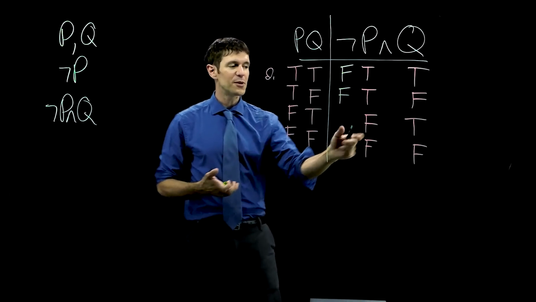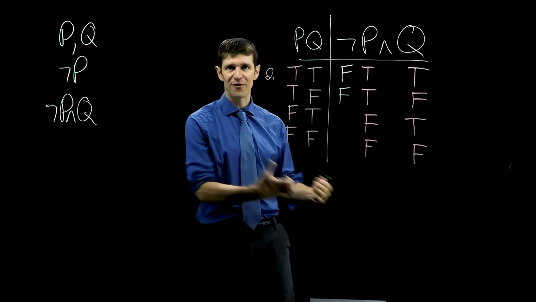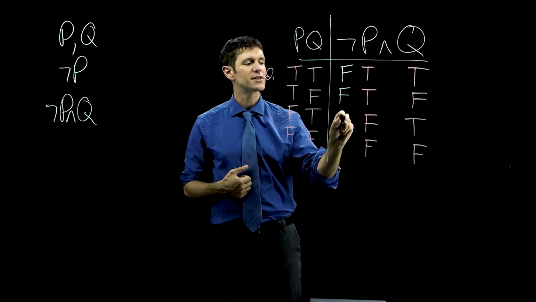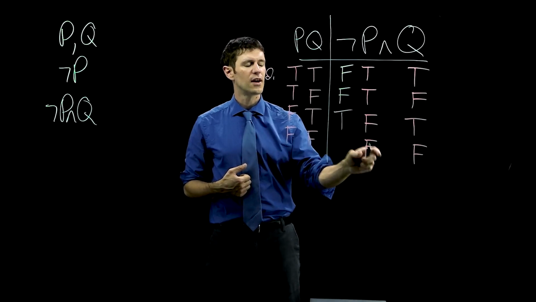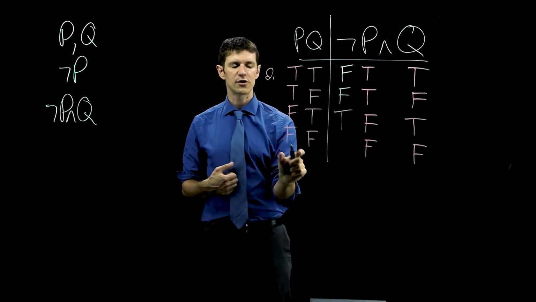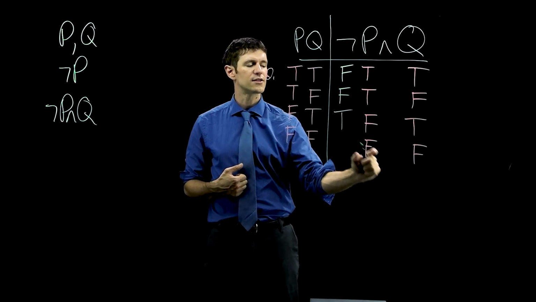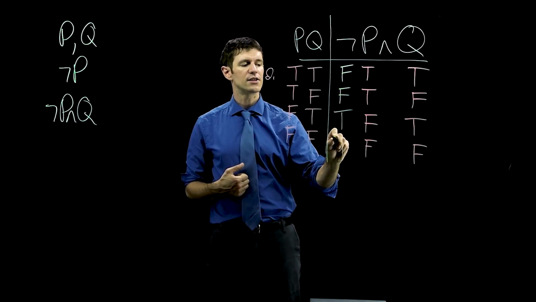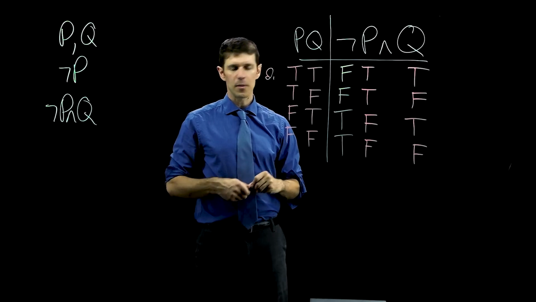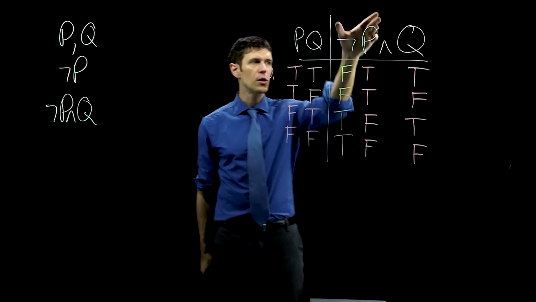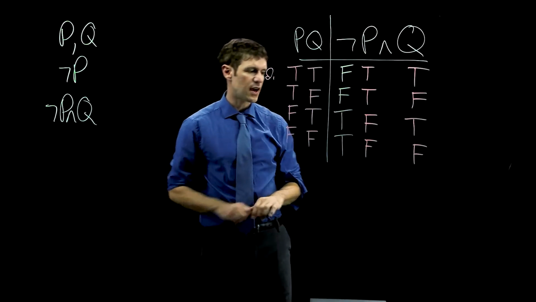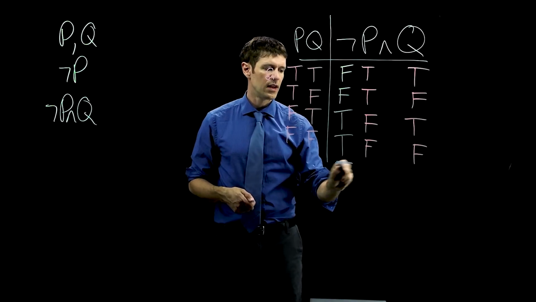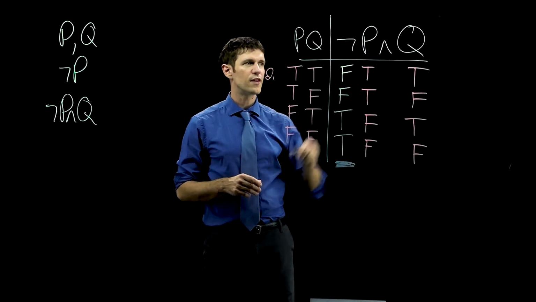So when we get to row 3, we see, okay, now we're giving this negation function the value of false, and so the output will be true. And in the case of row 4, interpretation 4, where P is false, the negation function will say that not P is true.